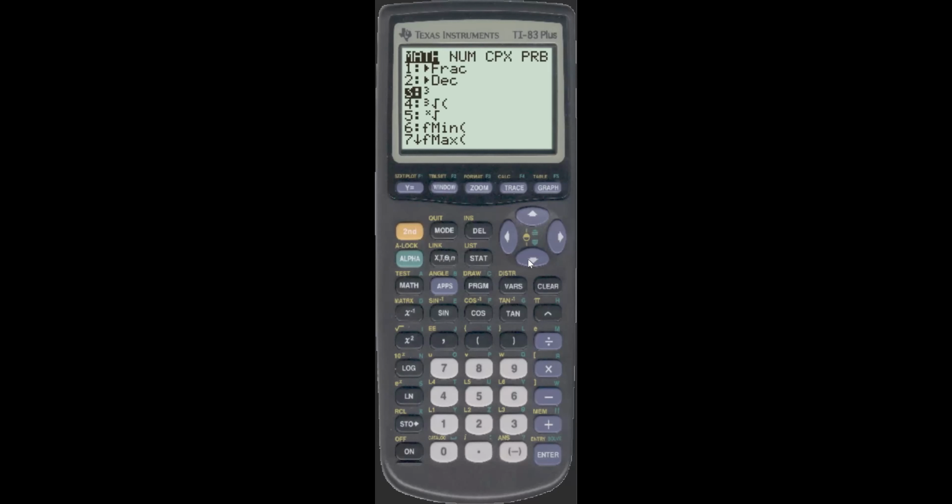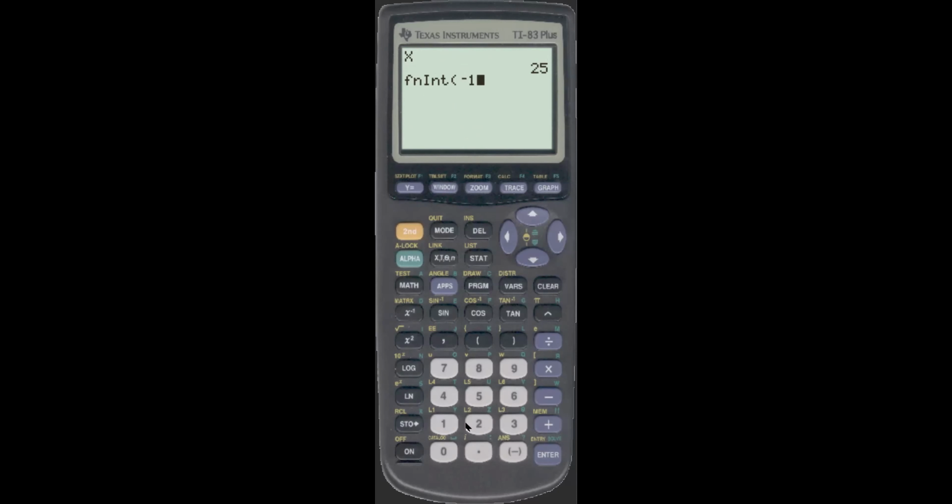So if I go to Math 9, which is fnInt, I've got this older one. I don't remember the order I have to substitute in, but let's just try it. It's lower and then upper. So let's say I do it like you just did.